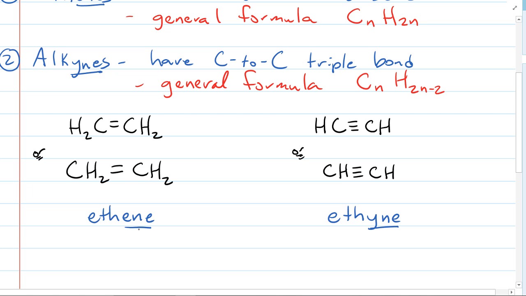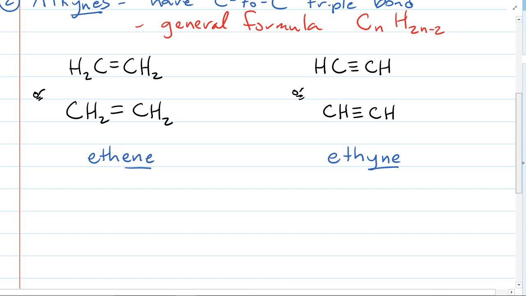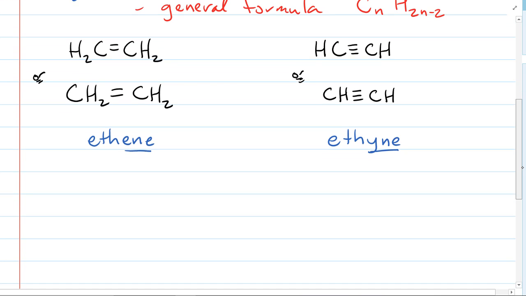If you can count carbon atoms, you've made yourself halfway there. So naming the prefix or counting carbons is the first half. The other half is identifying the types of bonds that are on there. If you can do those two pieces, that's how we put together the names of our organic molecules. So this is ethene. Eth means two carbons, and the ene suffix means we have the carbon-to-carbon double bond present. So from here, any questions on those two?